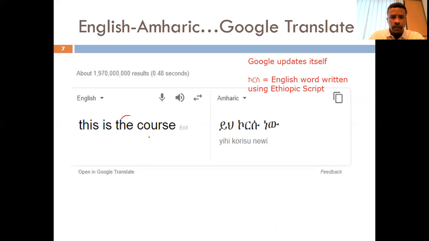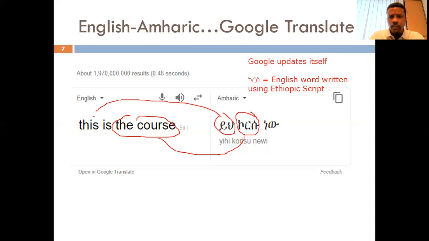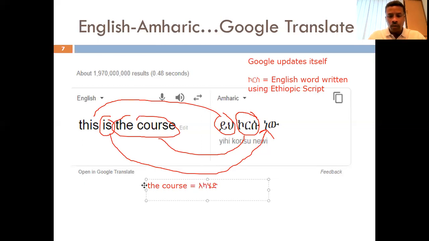The course የሚለውን it associated it with course አለው። ይህ የሚለው is associated with this. is የሚለው ደግሞ it's associated with no ማለት ነው. This is what happened. Now the question is, previously the course was associated with አይደለም? This is what we had. Previously, the course was associated with Akahed, but now the course is associated with Korsu.